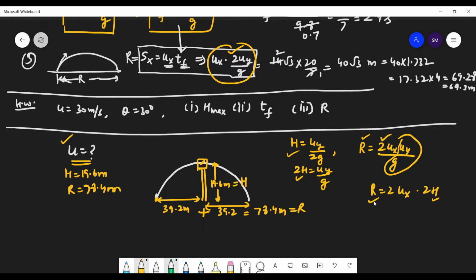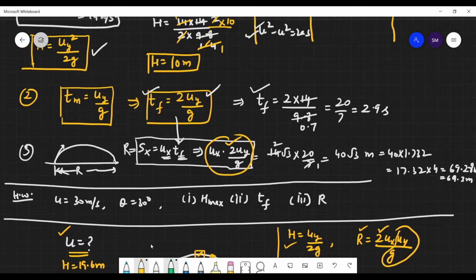So is there any other way? So H by R. Excuse me, sir. Yes. Sir, in previous question you have written a formula of H equals to Uy square by 2G. Oh, yes, yes, yes. So that U square by 2G.